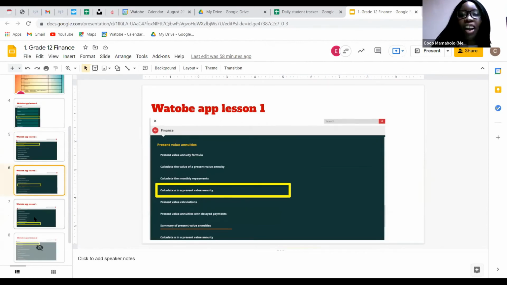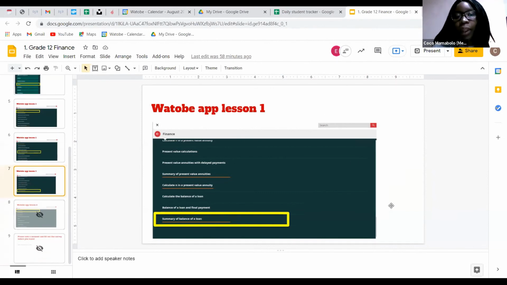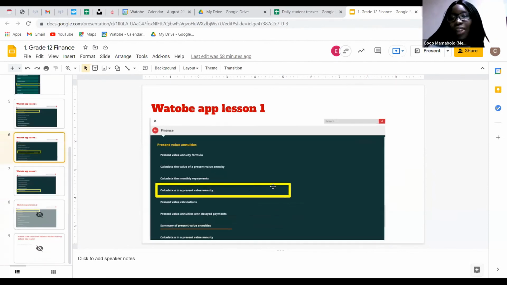We're going to be looking at the summary of a balance of a loan. So everything that you guys have been doing today on finding the balance, A minus FV, all of that you're going to find in the summary of a balance of a loan. For today until Thursday, you guys have some time to go look through that. Make sure you understood everything that Ms. G went through today. Okay, so that's it from us.